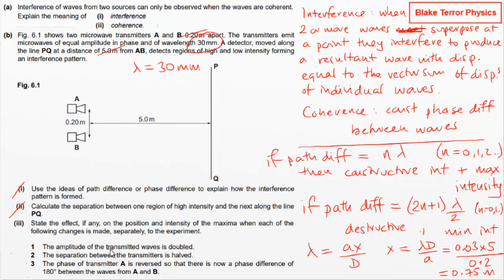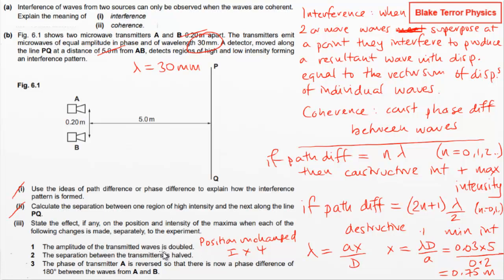State the effect, if any, on the position and intensity of the maxima when each of the following changes is made. Right, so we just have to state again. Amplitude is doubled: position unchanged and the intensity will be times 4.